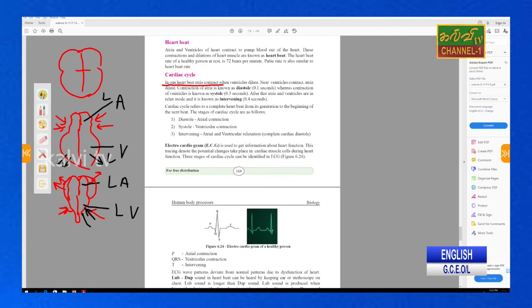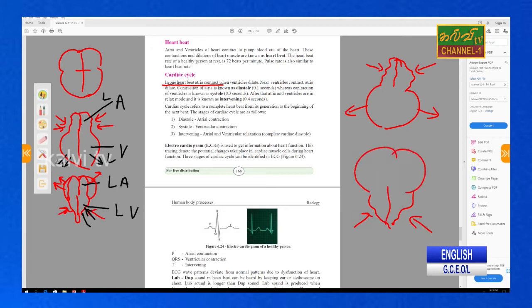This is the atria, and this ventricle is going to dilate. When the ventricle contracts, the atria are going to dilate. So this is what happens, right?